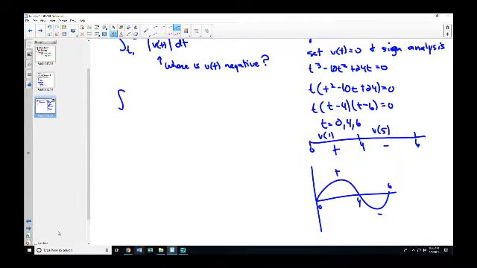We have to split our integral up: 0 to 4, and 4 to 6. The first part is normal, that's just positive, right? Plus the absolute value of 4 to 6.